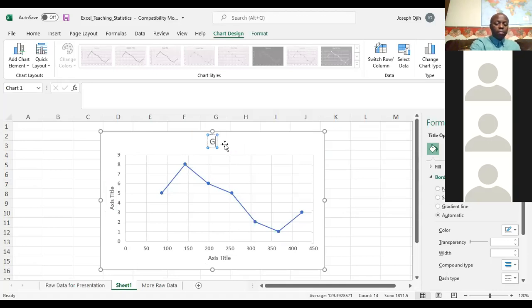This is for GPS prices, so you have to have the price in dollars, and then the frequency.